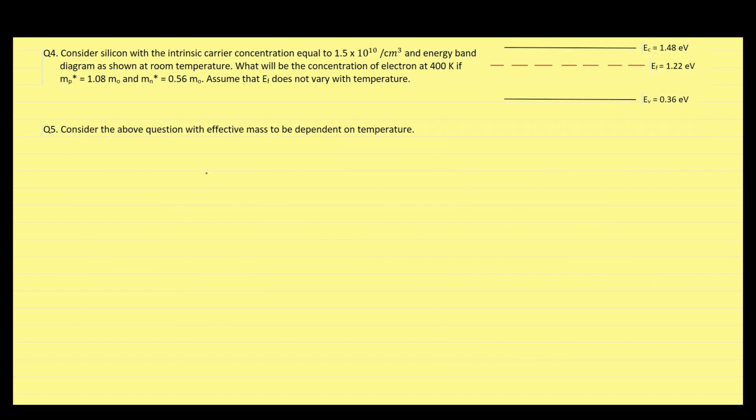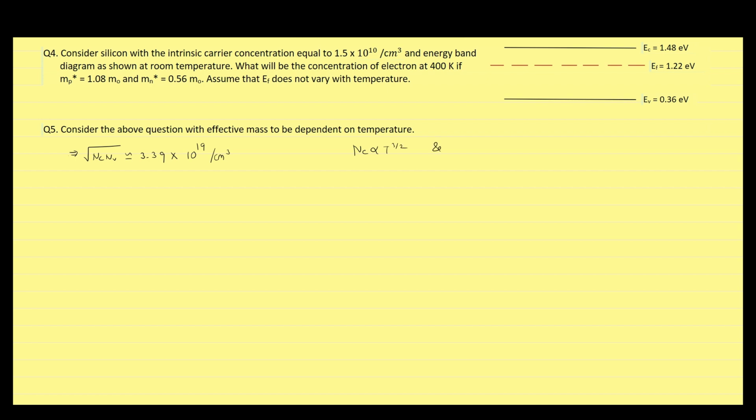In the last question, we found the value of under root Nc into Nv to be approximately equal to 3.39 into 10 raised to the power 19. And we also discussed that Nc is directly proportional to temperature raised to the power 3/2.